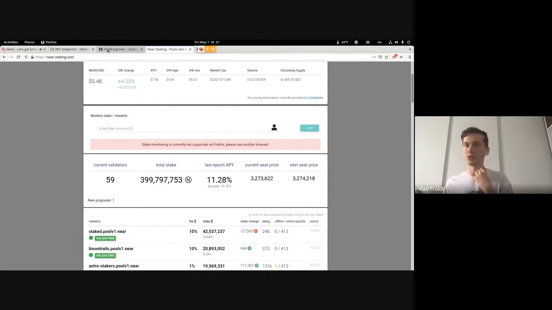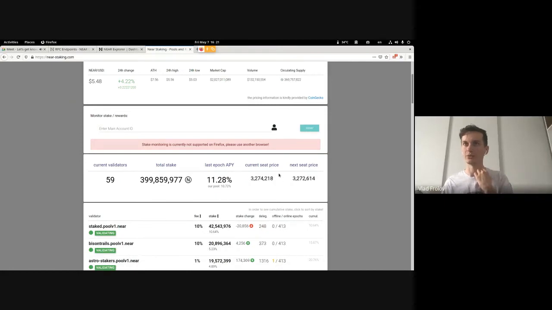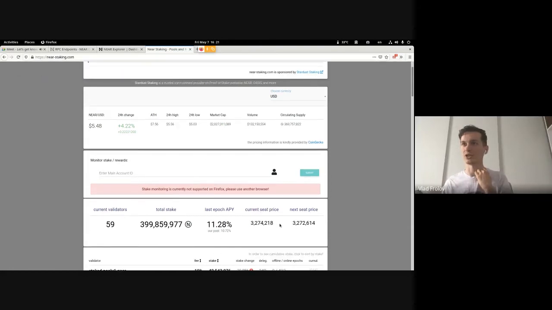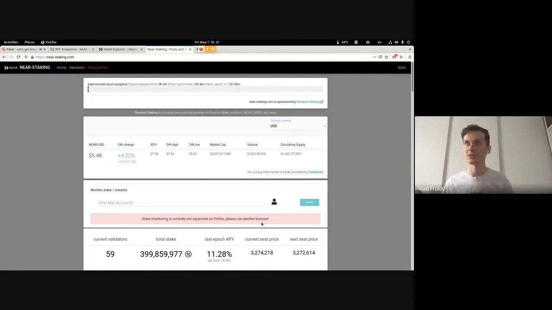I don't want to get us into specifics of how exactly we compute this value. We just switched to another epoch, actually. So the seat price changed for these upcoming 12 hours.